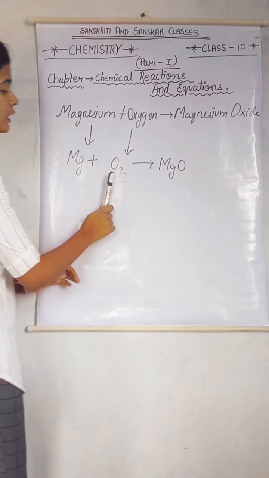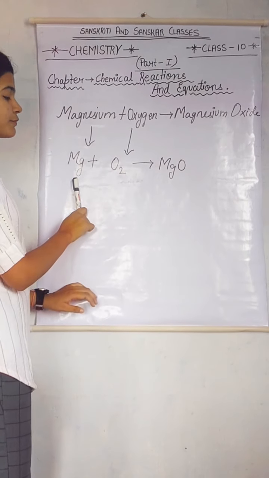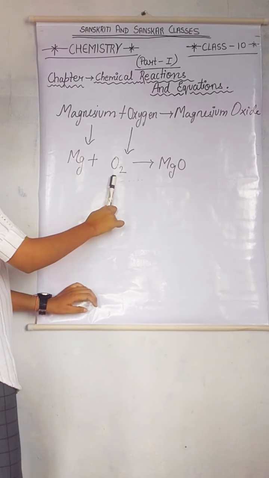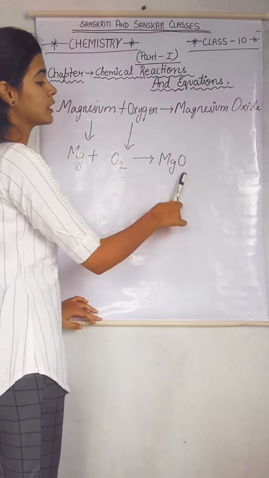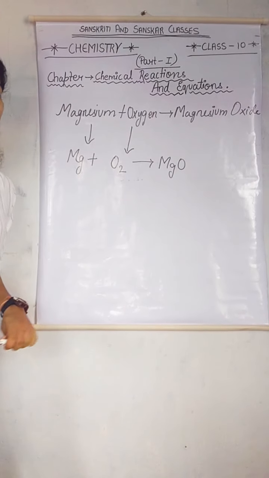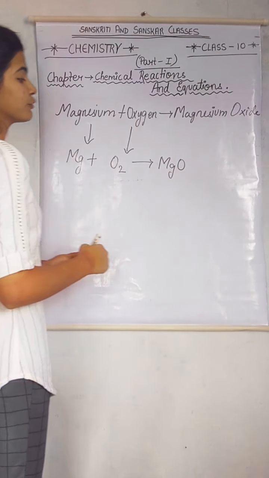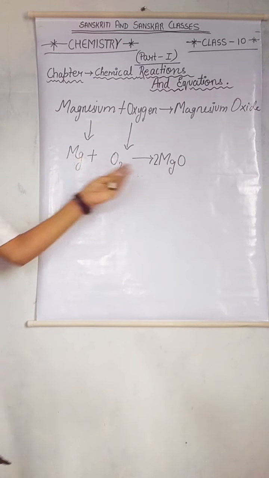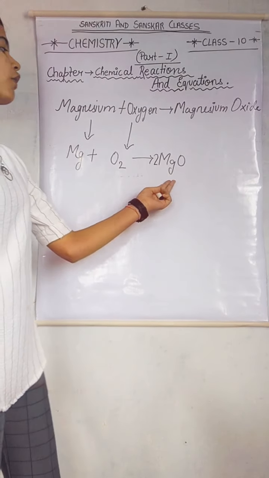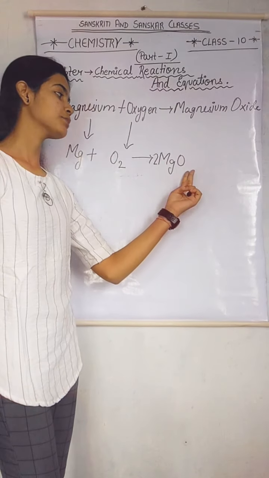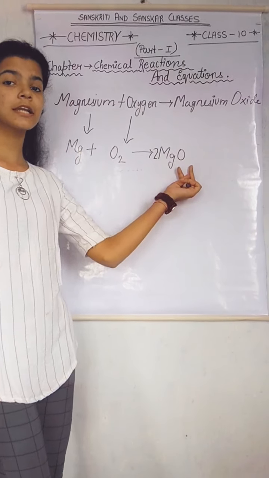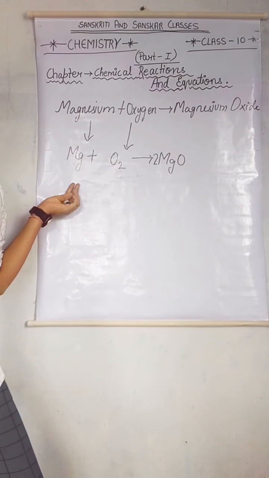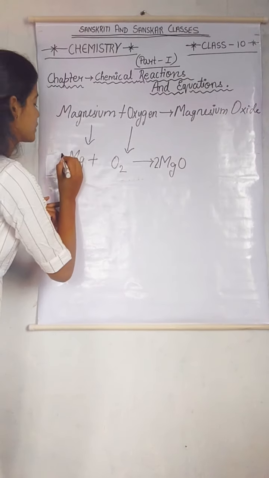Here there is one atom of magnesium, here also one atom of magnesium, here there are two atoms of oxygen, but here only one. So we can't change the formula, so we put a coefficient like this. Now there are two atoms of magnesium and two atoms of oxygen on the product side, but on the reactant side there is only one atom of magnesium, so here also we put a coefficient.